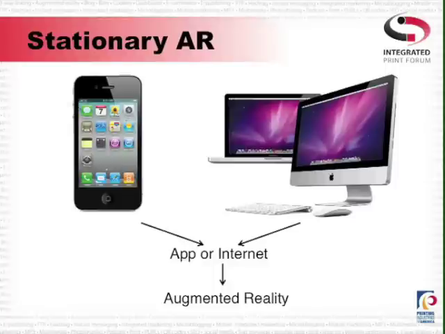Now, in the printing industry, we're using something a little bit different. We're using what is called stationary augmented reality, and that actually means that we're using the printed page to serve as the reference point for the augmented reality scene. Okay, so let me say that again. We're using the printed page as the reference point for this augmented reality experience that we're going to create together.